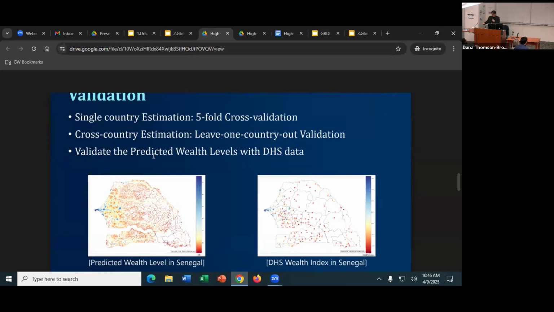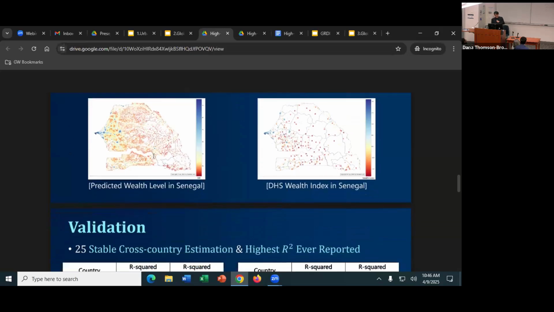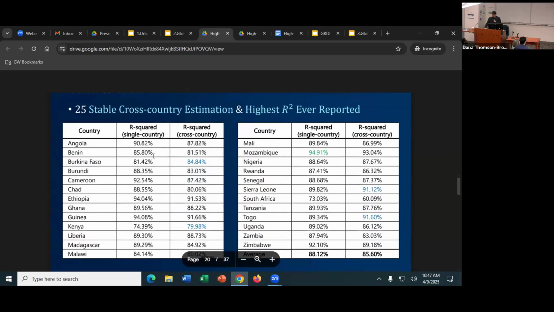I left out Angola, I did the same thing. I left out Zimbabwe, I did the same thing. I did it 25 times. And I tried to find a counterexample where this method would fail. Luckily, it didn't fail.